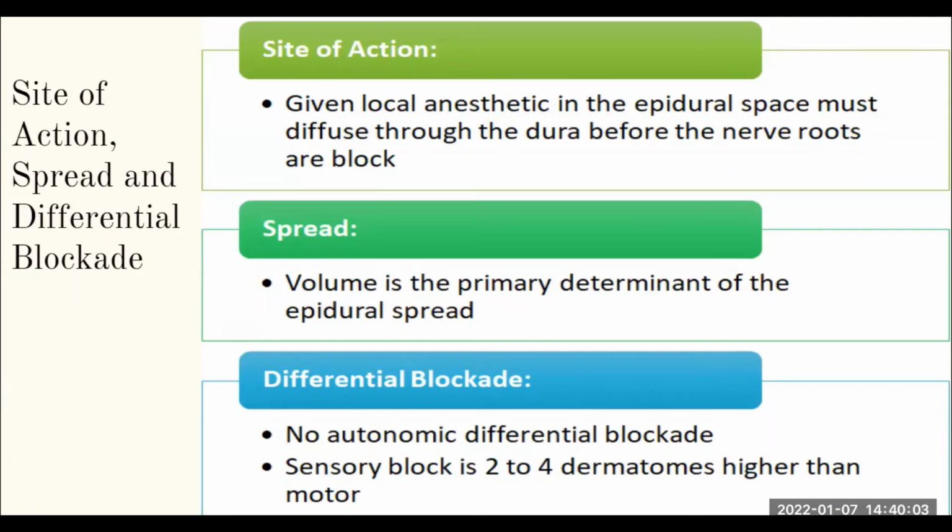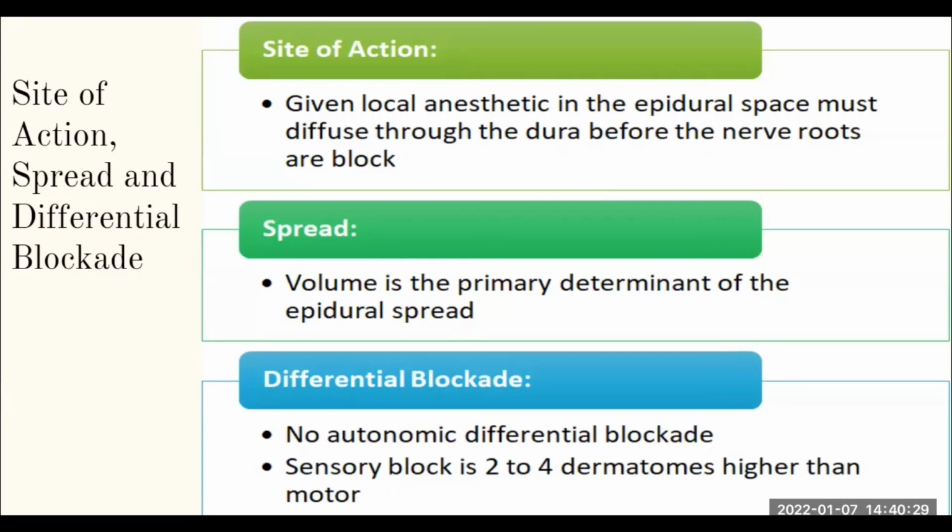So it is a slower process compared to spinal, where the local anesthetic goes directly to the nerve roots and gives you the blockade you need. And epidural is also highly dependent on the spread and on the volume. So the bigger the volume you give to the patient, the bigger the spread and the more quickly the blockade you will get.